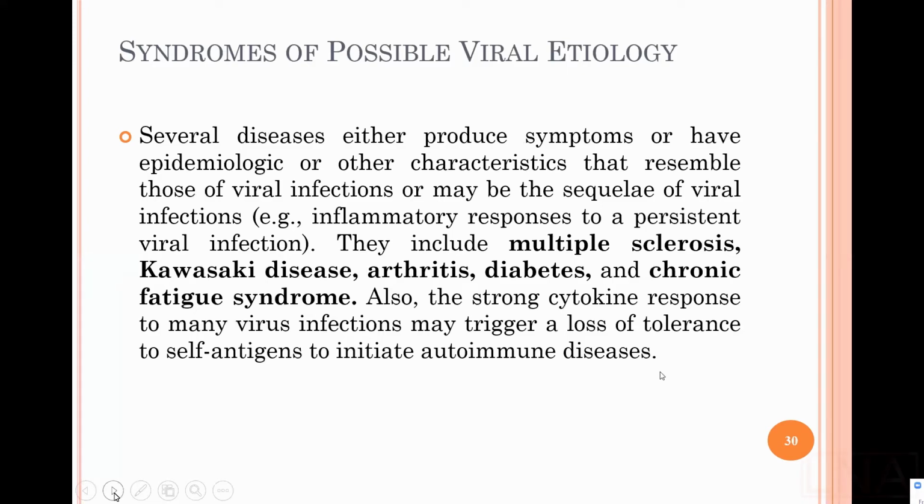They include multiple sclerosis, Kawasaki disease, arthritis, diabetes, and chronic fatigue syndrome. Such kinds of problems we will also discuss, but shortly. Our primary key point will be exactly the virus, what it is, and also we will talk about the immune response.